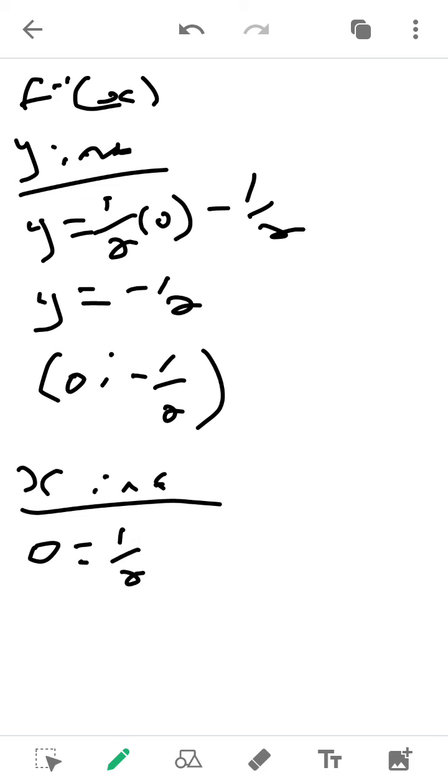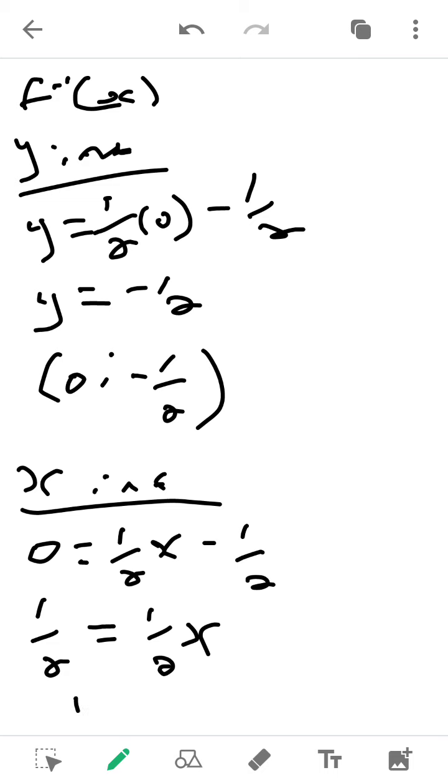We have 1 over 2x minus 1 over 2. So 1 over 2 goes to the other side. 1 over 2 is equal to 1 over 2x. And then we divide both sides by 1 over 2. And then we're going to get 1 equals x. And our point will be (1, 0).